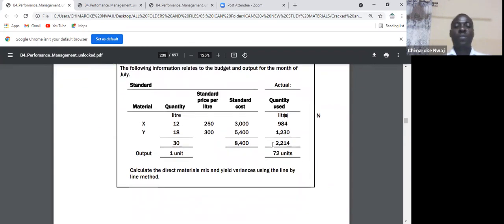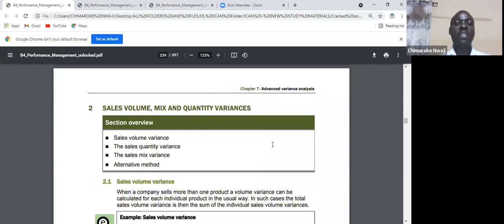All right, so we've seen mix and yield for direct materials. Take notes, direct material usage. A question can come up with basic and advanced together. You may be given direct material with materials A, B, C, and asked to find the total direct material variance.